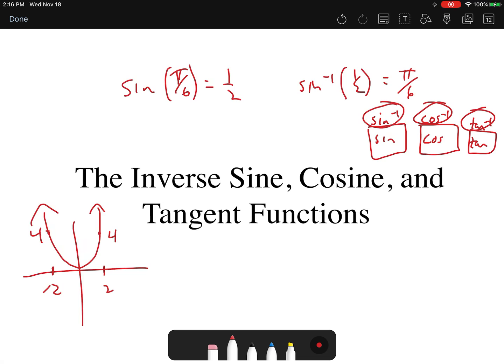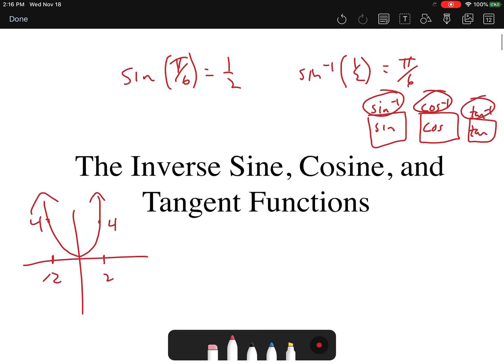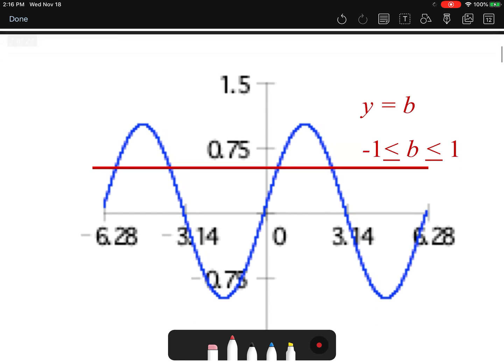That did not allow us to have an inverse. So we had to look only at a certain domain in order to find its inverse. Now, we didn't go into that very much like we will when we get into chapter 10, I believe it is. But for the sake of what we're doing here, just accept it, okay? That would be my best advice here. And this is where it comes from.